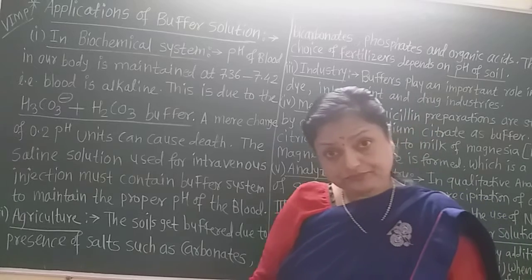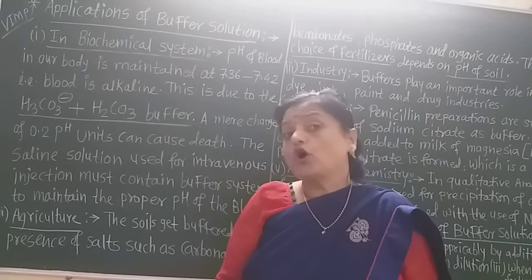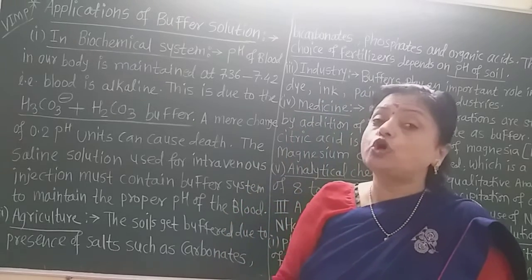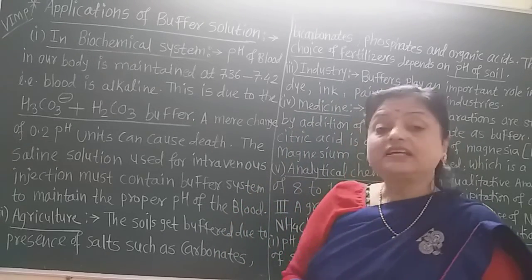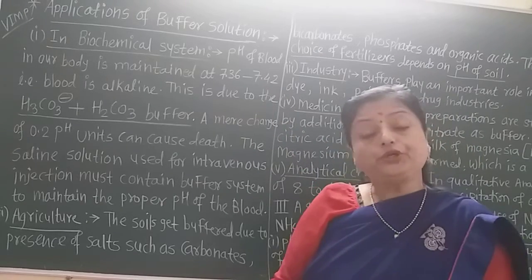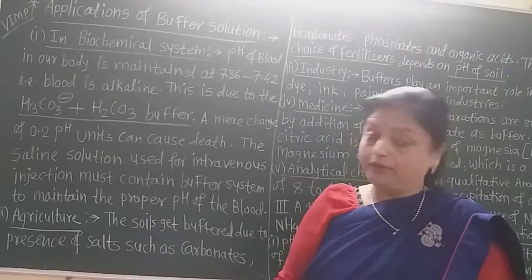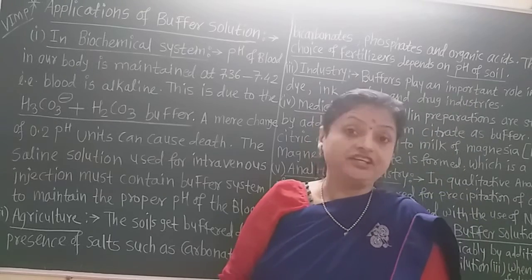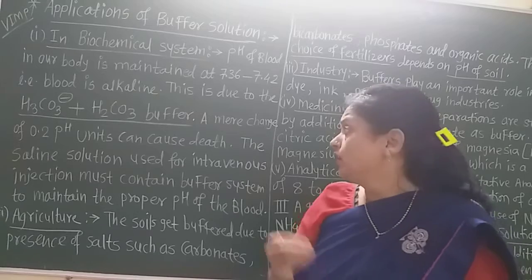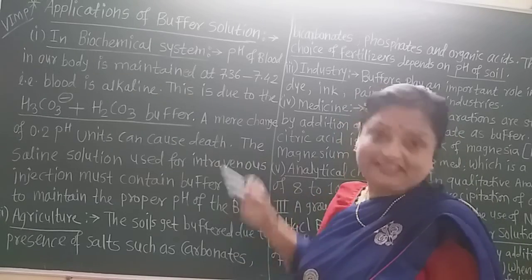That means the blood in our body is alkaline in nature, because the pH of the blood is in between 7.36 to 7.42 units. So the blood is alkaline in nature, and a very slight change in the pH of the blood would cause death.